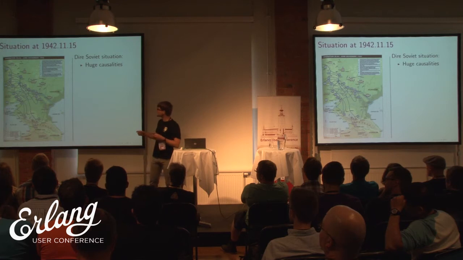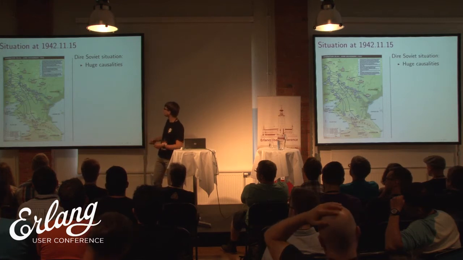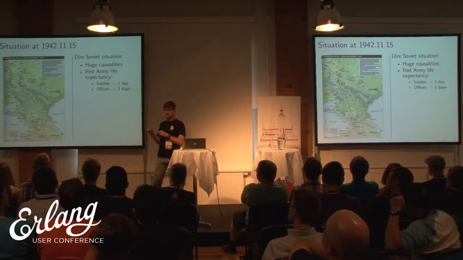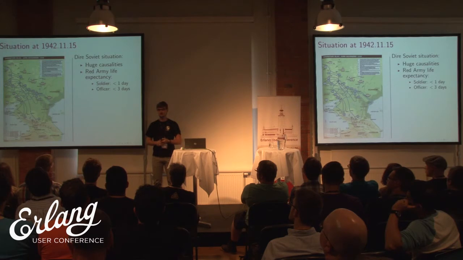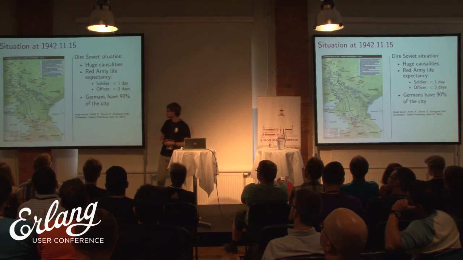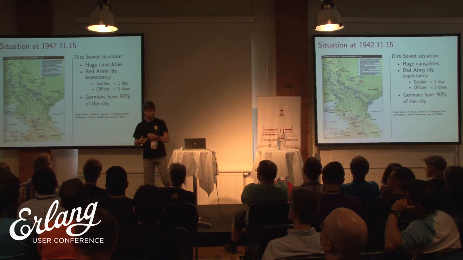Both sides had a lot of casualties. A newly arrived Red Army soldier's life expectancy was less than a day. So if you come to the battle, you pretty much die the same day. That's the average. Officer, 3 days. And as I told you, Germans had 90% of the city. So the situation of the Soviets was really bad.